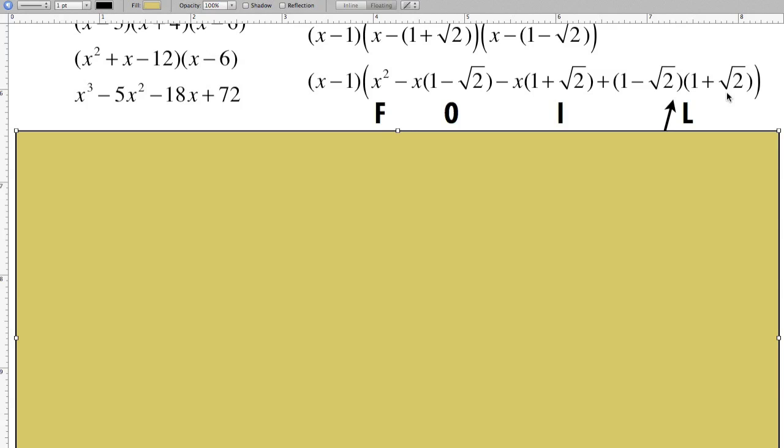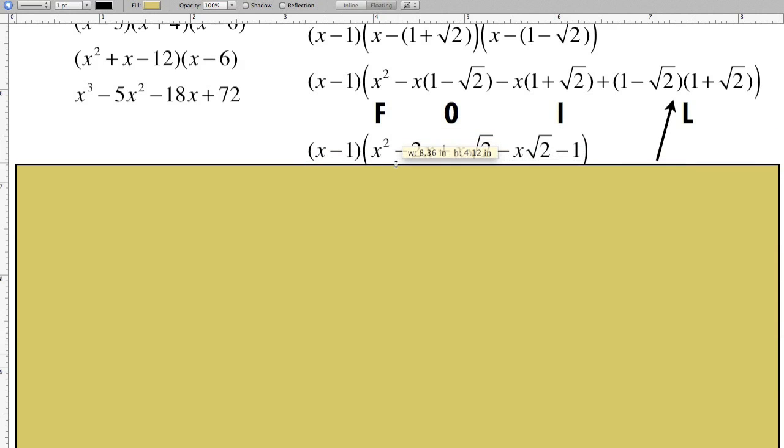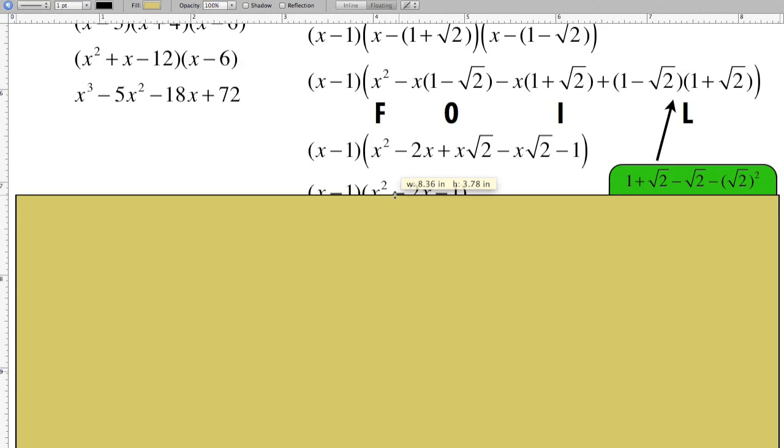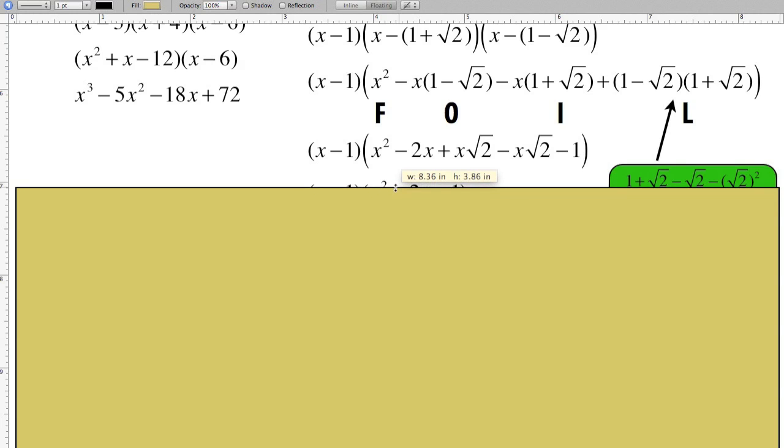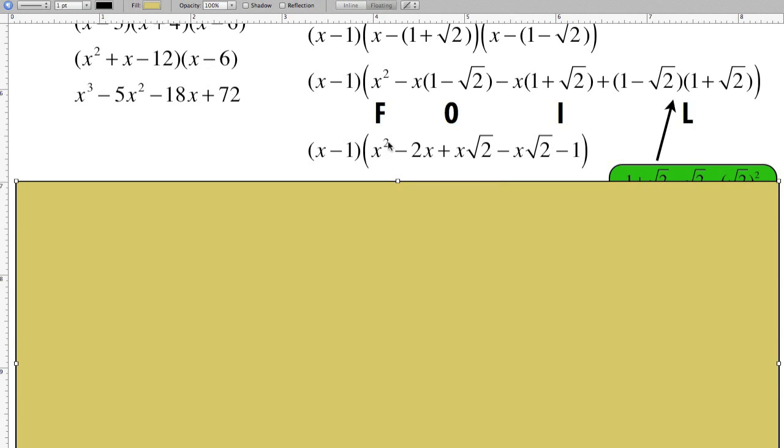And so once I do that, I would have 1 minus, technically, square root of 2 squared, or just 2. So I'd have 1 minus 2. I've got that written down for you so you didn't have to just believe me, and I'll show that in just a minute. Let's take this one step at a time. As you go through this part, I went ahead and distributed here and wrote it down right there.